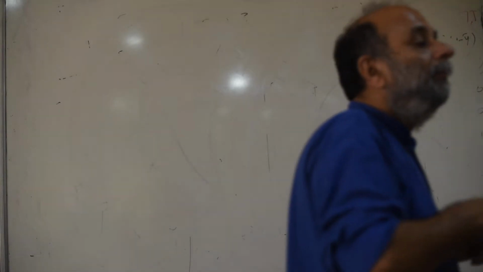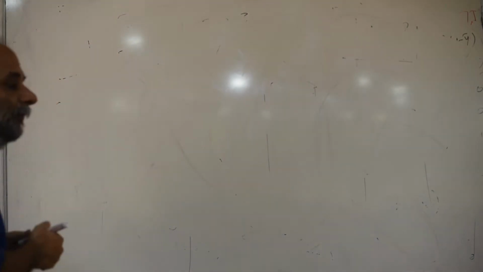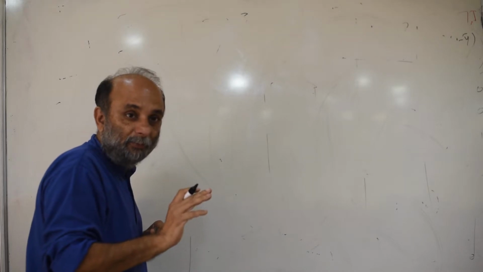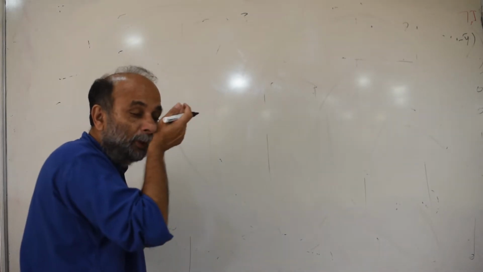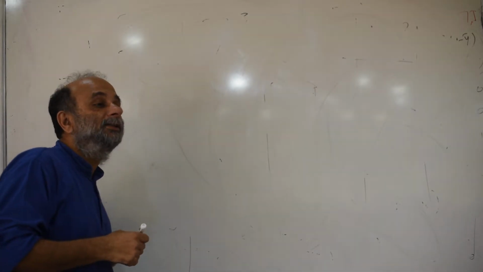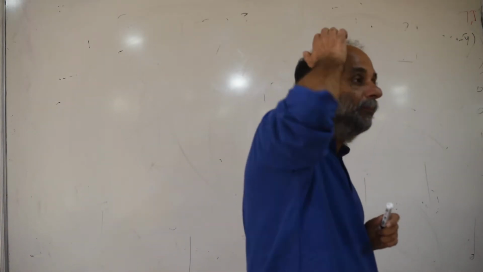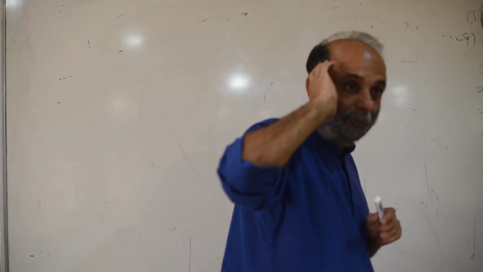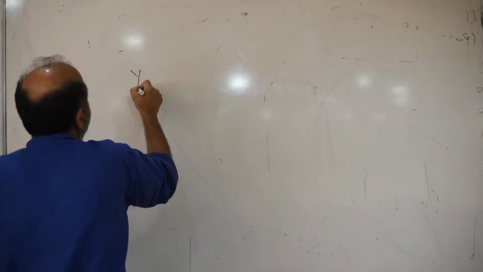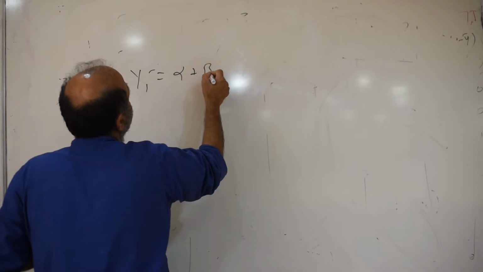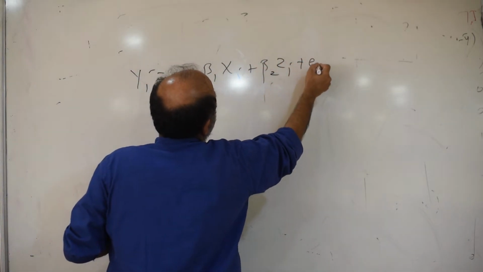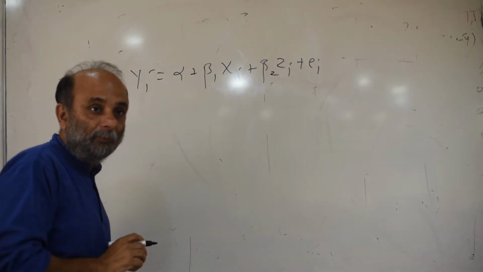Okay. Let me now think of a situation where, so in this case, you know what is alpha and beta, how to calculate alpha and beta. But now suppose it's the case that financial assets don't necessarily only depend upon a person's income. They might depend upon a person's education as well. So I might actually have yi is equal to alpha plus beta 1 xi plus beta 2 zi plus ei.